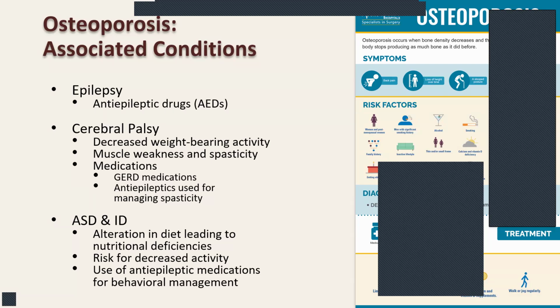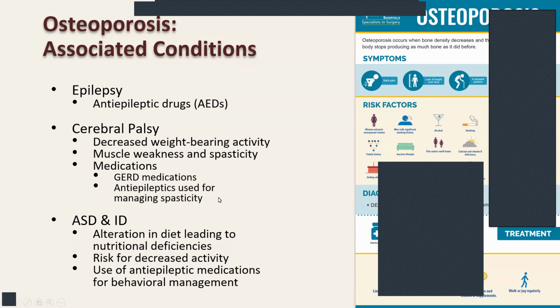It has been proven that weight-bearing exercises help increase bone density by putting chronic stress on the bones. It causes the bones to remodel and build themselves stronger. Muscle weakness or hypotonicity and spasticity also affect whether that bone is going to be dense or not.